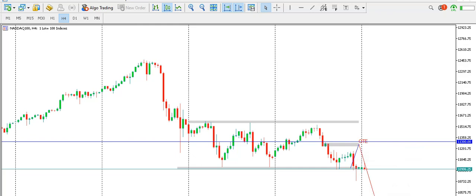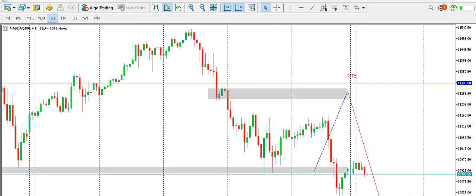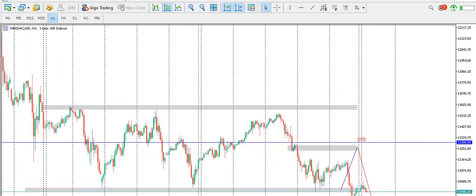Scenario number 1 is backed by, if you go down to H4, and as you can see how price closed here, you can see this structure around here. This is what we call a DOW. So we might have some very short buys. Remember, our directional bias is a sell, so we will mainly focus on selling this market rather than buying it.